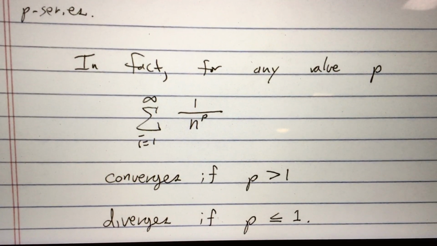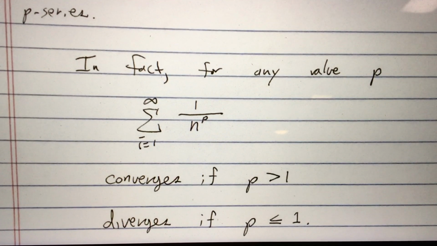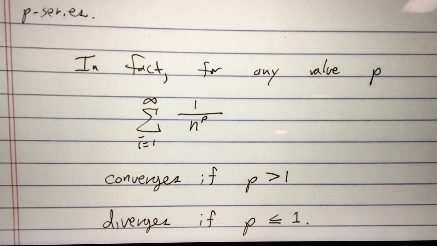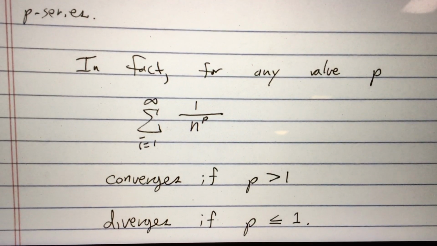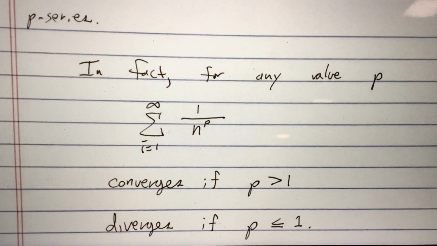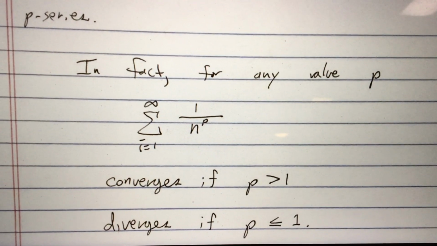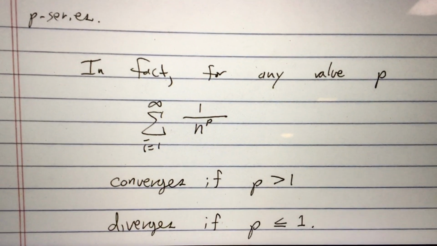But now it actually works out, the integral works the same no matter what value you put in for p. It converges if p is bigger than 1, and it diverges if p is less than or equal to 1. But it doesn't tell you what it converges to. That's a big open question for a lot of these.